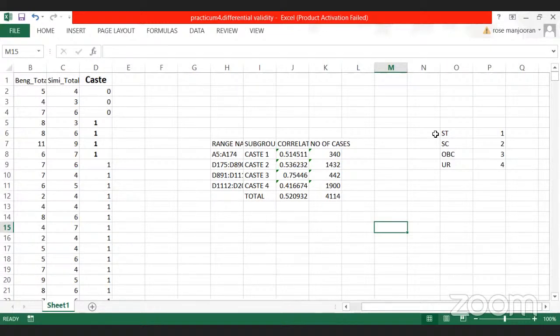It is very much unfair to the unreserved category because the correlation coefficient is only 0.41, which is below average. So it is unfair to caste 4, that is the unreserved category, and it is more beneficial for the OBC category. That means it is a biased test. Is it clear?